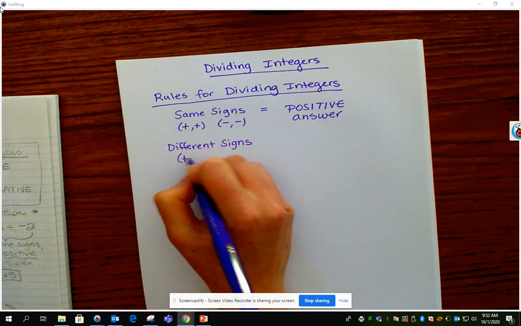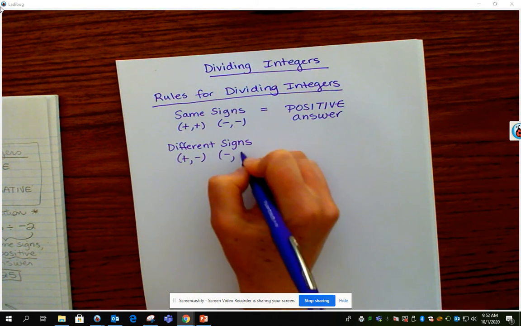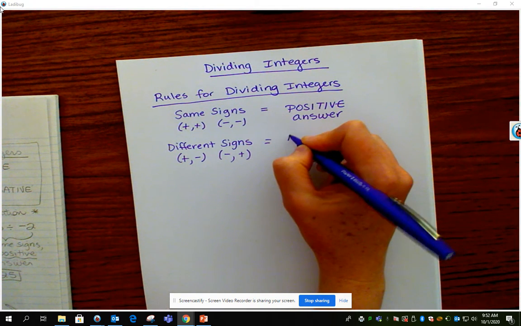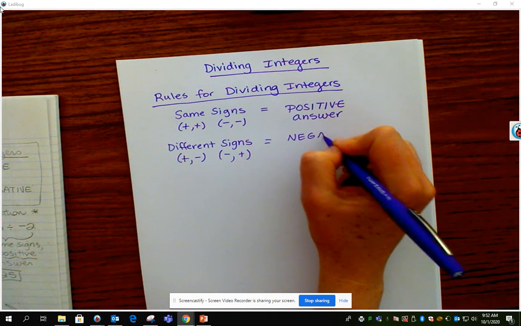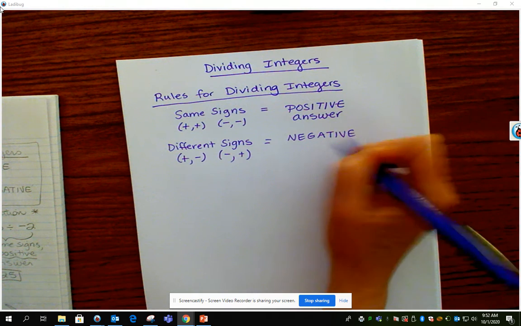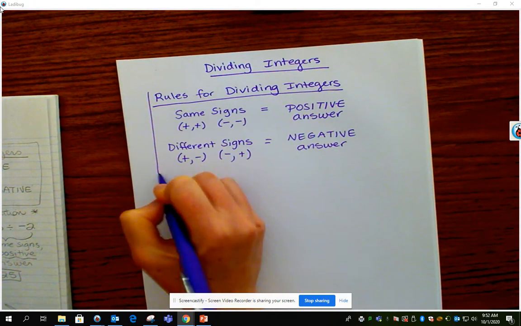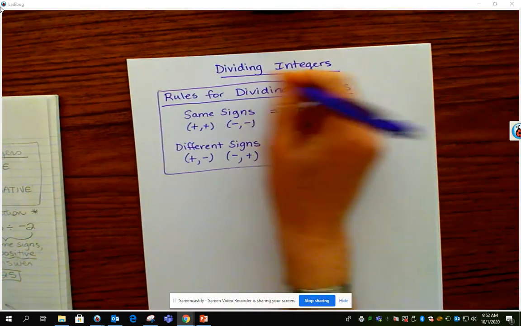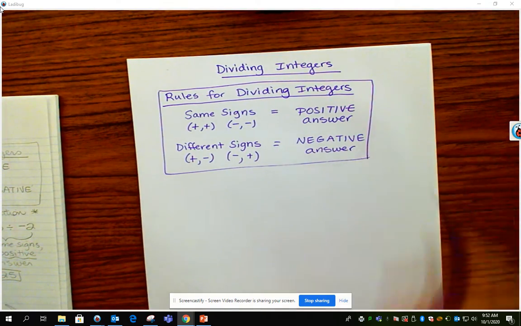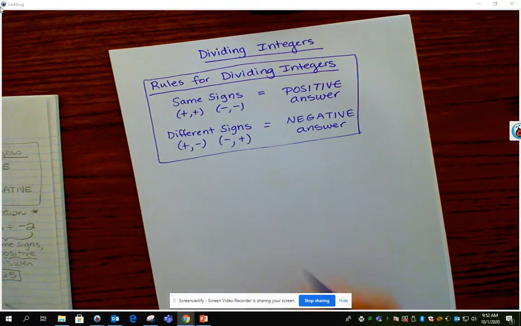So a positive and a negative, or a negative and a positive, will give you a negative answer. Okay, so keep those handy. Hopefully they're starting to be in your memory from doing the multiplying yesterday.